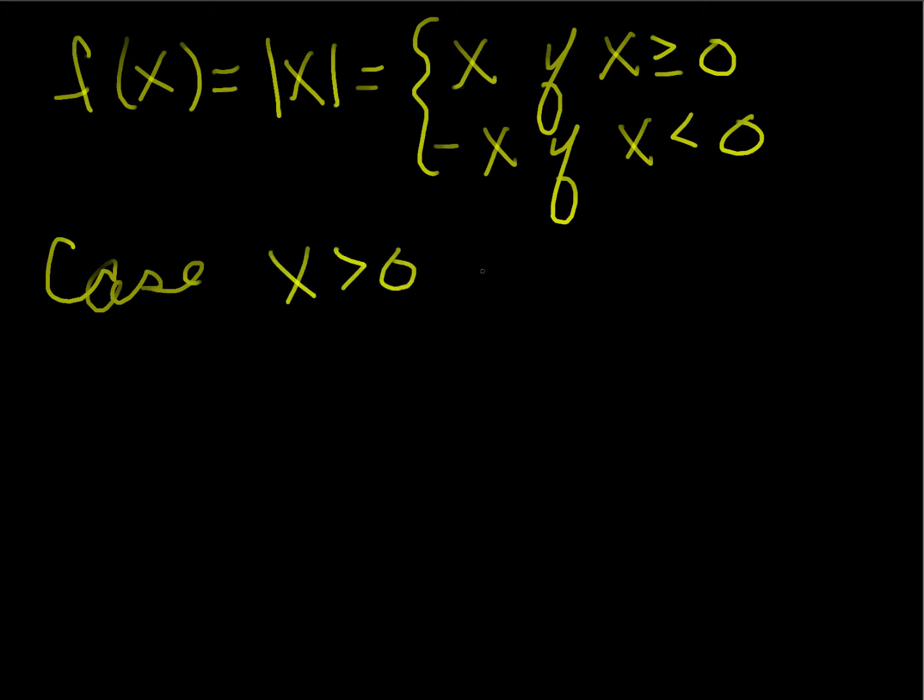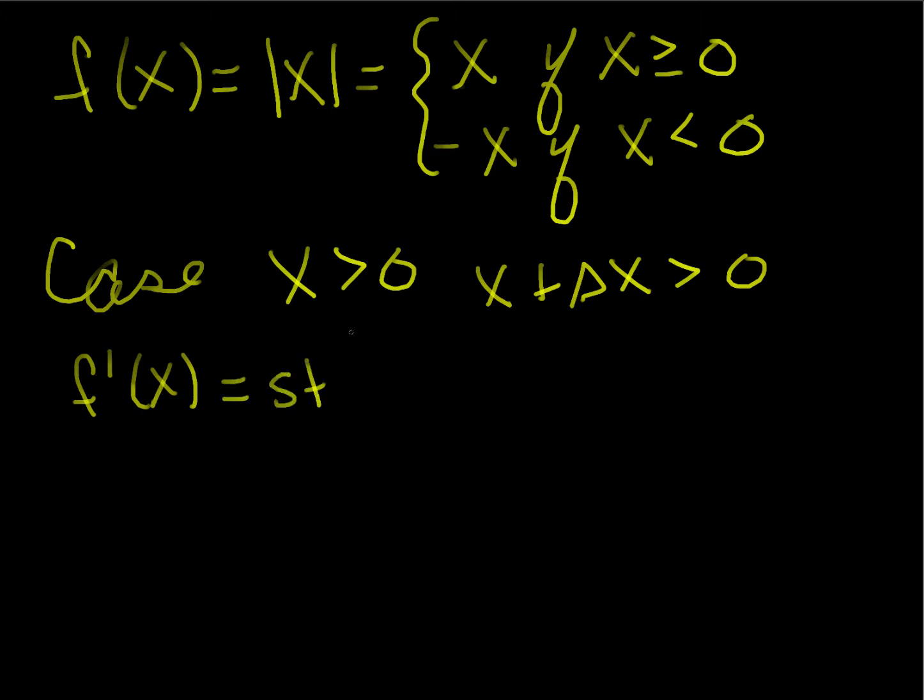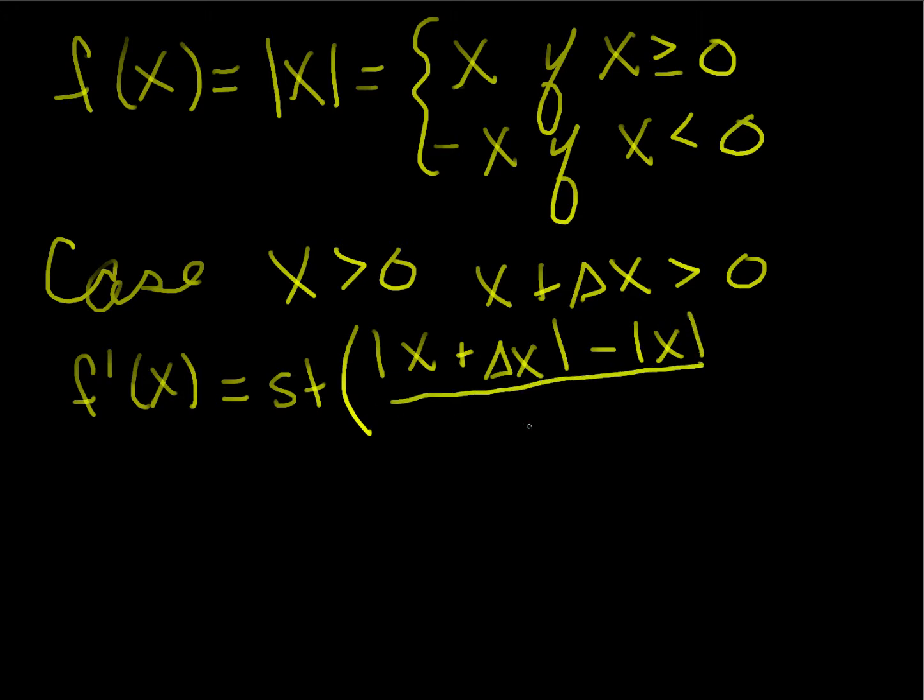Then if it's positive, if I add an infinitesimal amount to it, that still will stay positive. And so then f prime of x is the standard part of the absolute value of x plus delta x minus the absolute value of x, all divided by delta x.